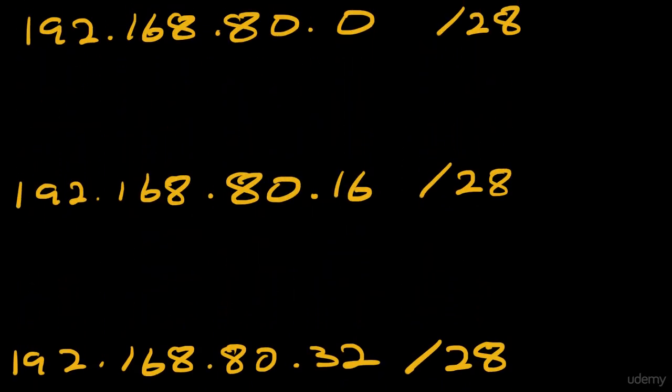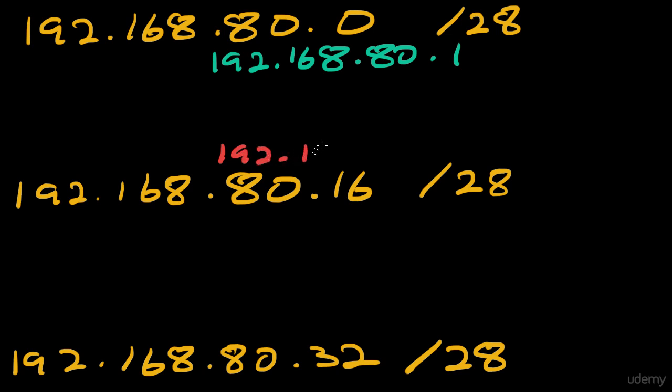Now let's work out the range of IP addresses. For this first network ID 80.0, the first IP would be 192.168.80.1. The next network ID is 80.16. So therefore, the directed broadcast IP would be 192.168.80.